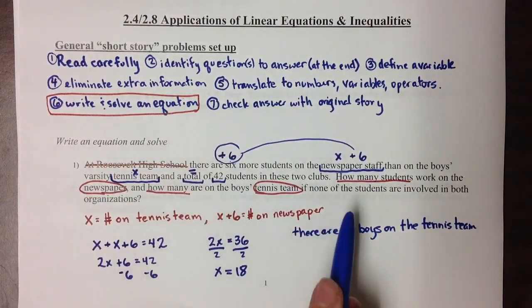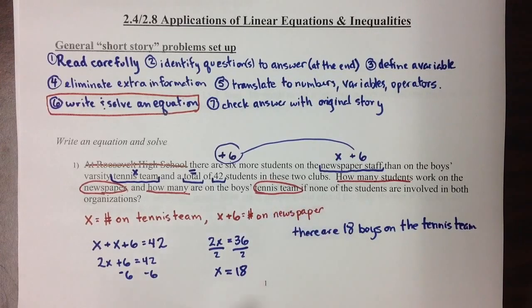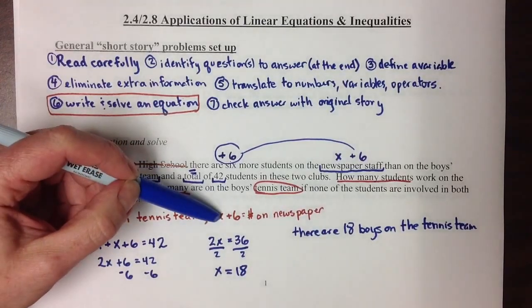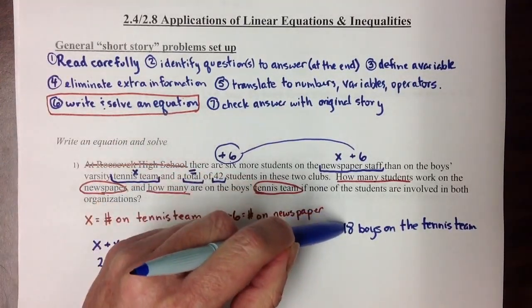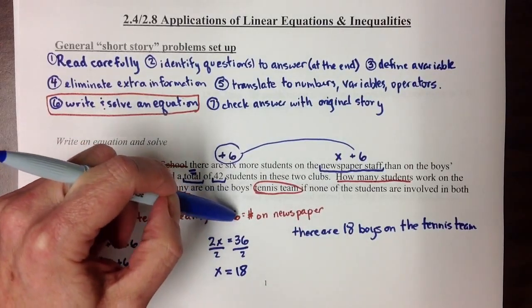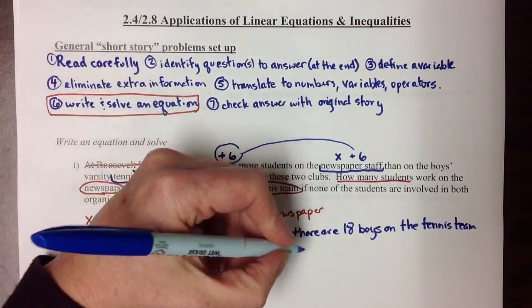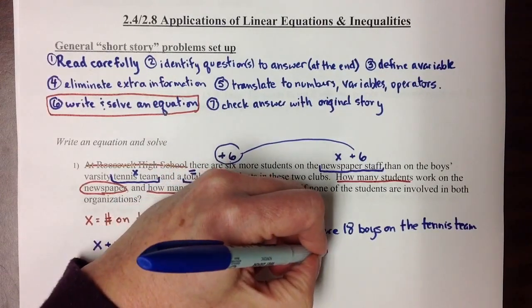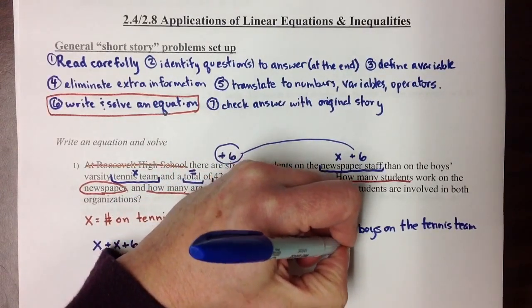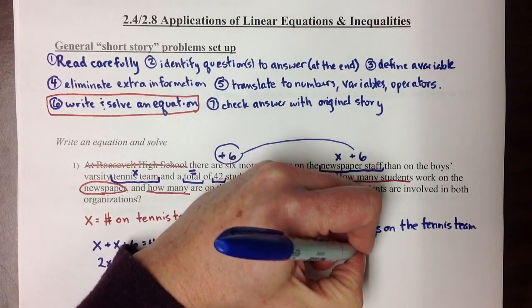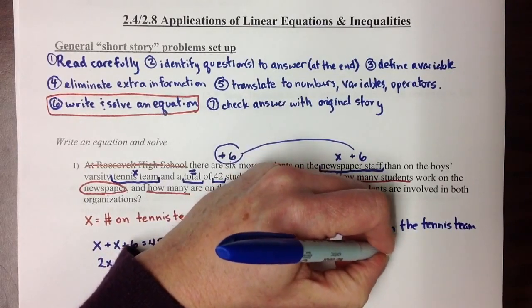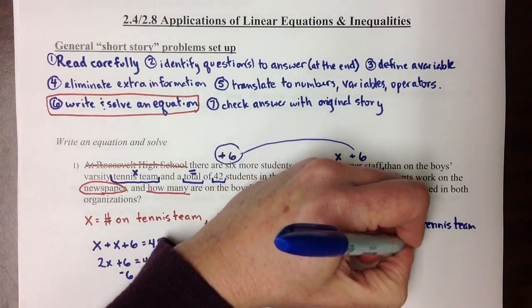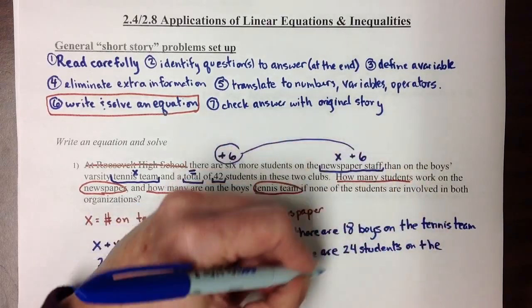Then to get the number of students who are involved in newspaper, the newspaper needs to be the same number as that are involved in tennis, plus 6 more. So since 6 plus 18 is 24, there are 24 students on the newspaper staff.